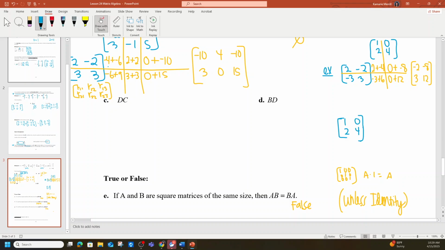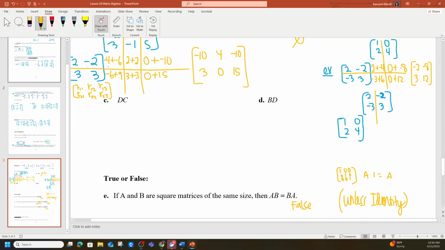And so normally they're the same day, so we get to talk about it, but we separated them. So notice how I moved that to be the second matrix, okay? So I switched the matrices 1, 0, 2, 4, and then 2, -2, -3, and 3. Everybody with me? Let's do this matrix multiplication now.